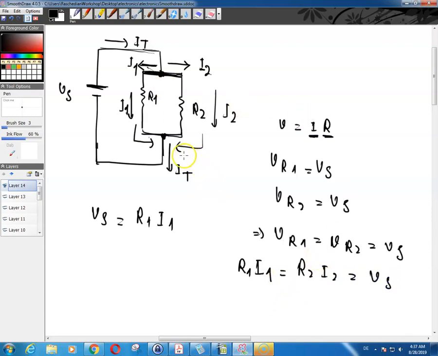Okay, and then you can of course write another relationship here, which is I1 to I2 is equal to R2 to R1. I1 to I2.